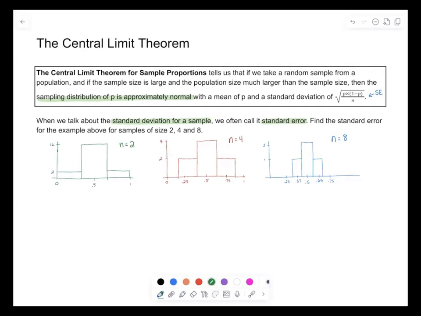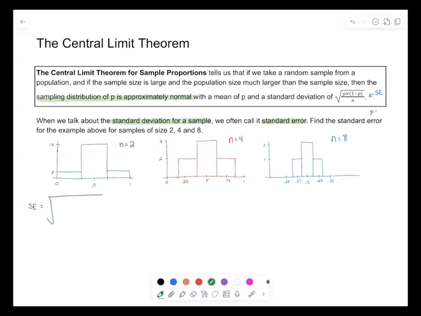So let's do n equals 2 first. The standard error in that situation is going to be the square root of P times 1 minus P over n. Now we need P. I need to know the proportion of people who liked avocado out of the whole class of 32. In this case, the class was evenly split between people who like avocados and people who don't.